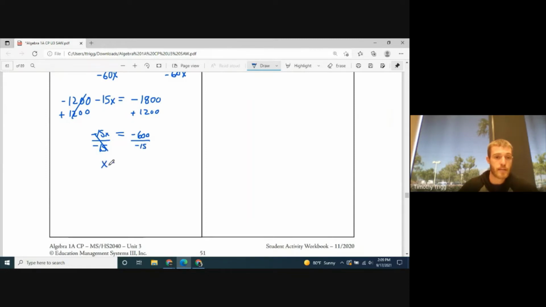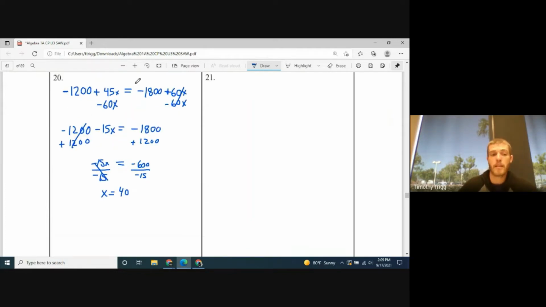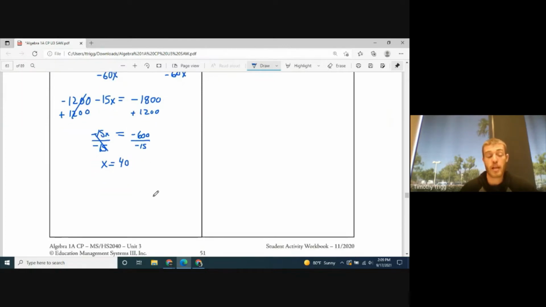So that'll give us x equals, I believe that's 40. Yeah, 40. So if she gave 40 haircuts, then she would have the same amount of money no matter which place she picked. Okay, so that's what I want you to state in a complete sentence. If she gave 40 haircuts, then she would make the same amount of money regardless of location.